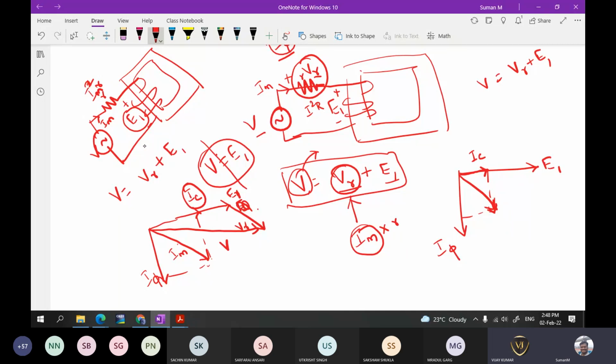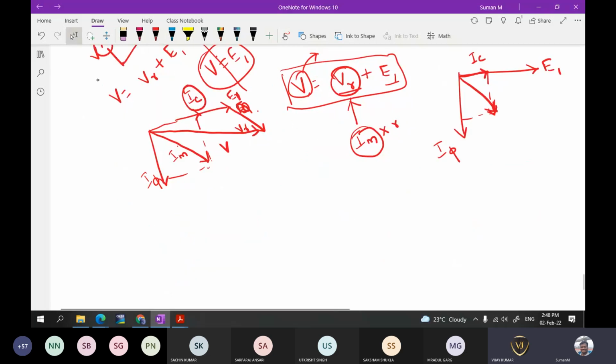So now we have to draw the phasor diagram for this circuit. For drawing the phasor diagram, we already know E1 and we know one current, I5. So this is the starting point of our phasor diagram. This current was establishing the flux.